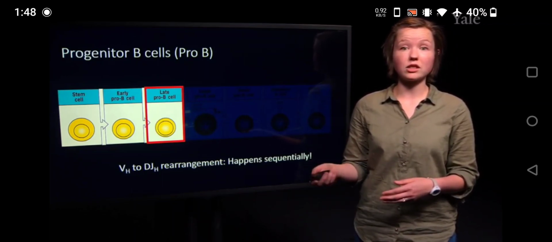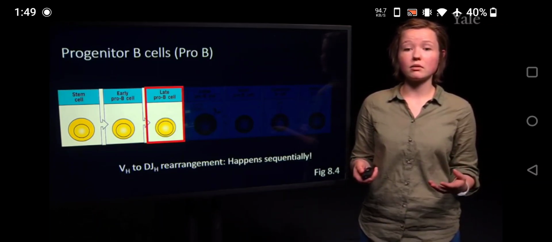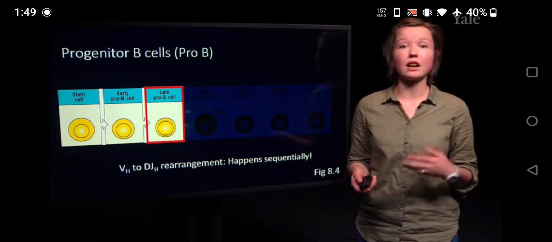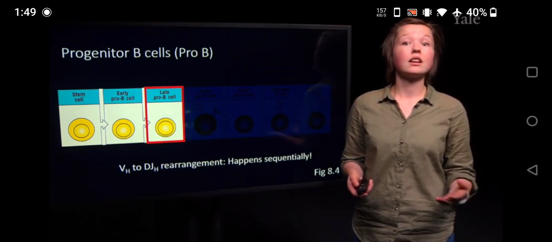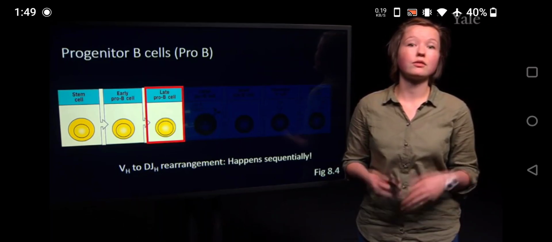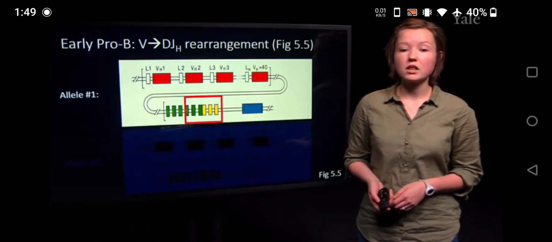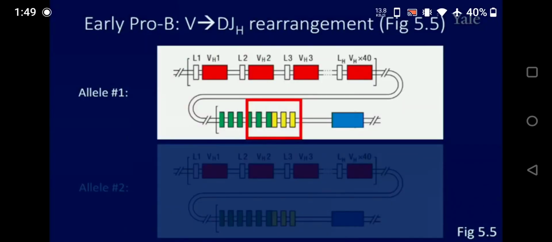The important distinction here in this particular recombination event is that it happens at one allele first, and then it will move on to subsequent alleles in the case of failure to recombine successfully. So demonstrated here, we have our D to J segment joined on allele 1, and then recombination will attempt to occur.